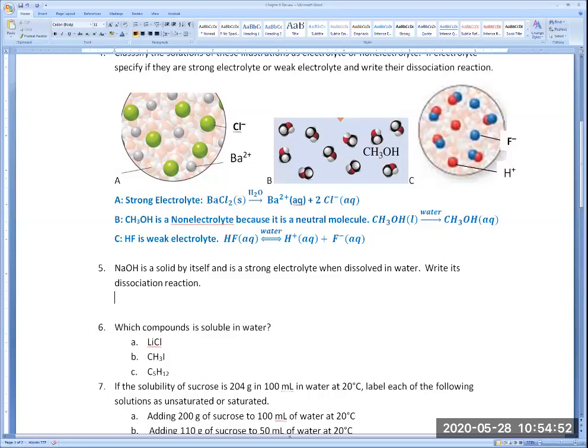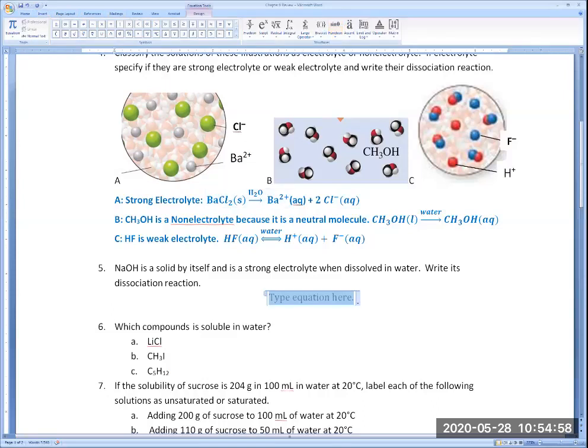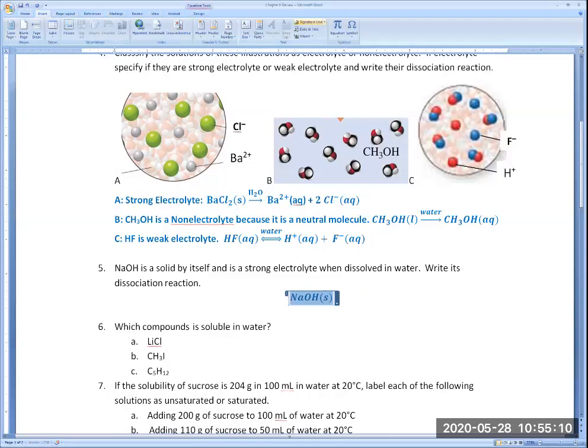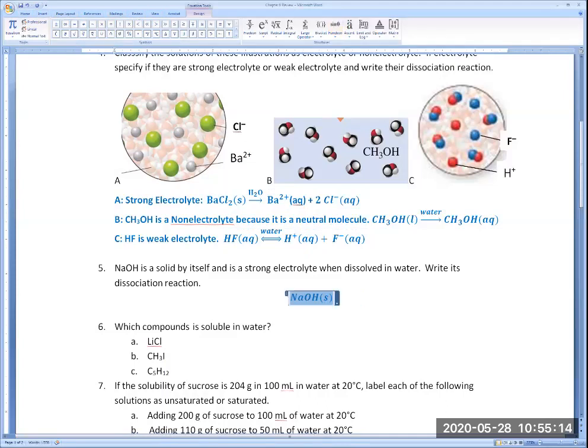So let's write its dissociation reaction. Let's insert an equation here. So NaOH is a solid by itself. And when you place it in water, let's put an arrow where we write water above.